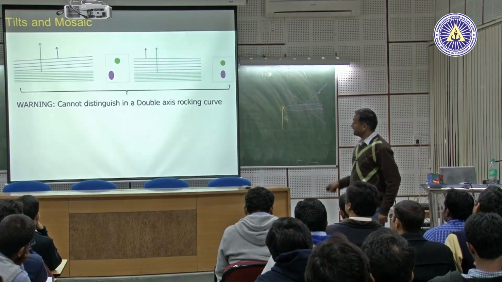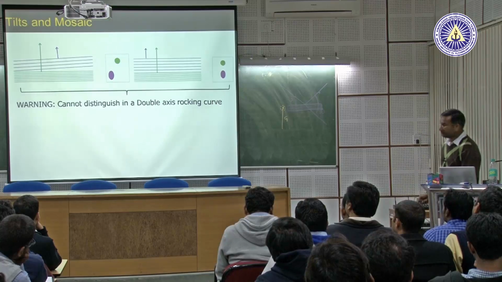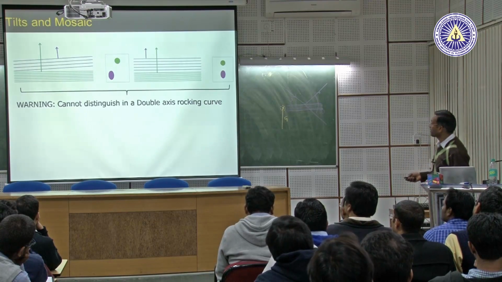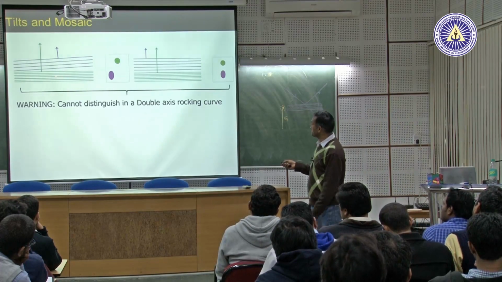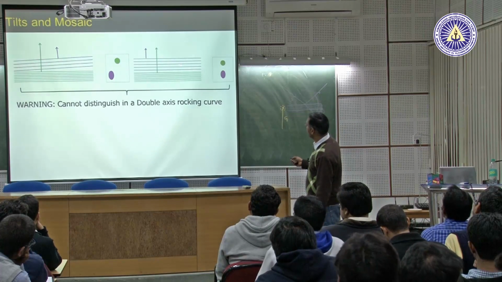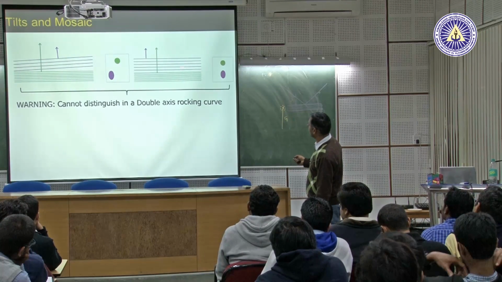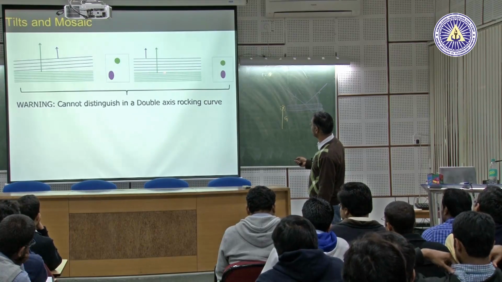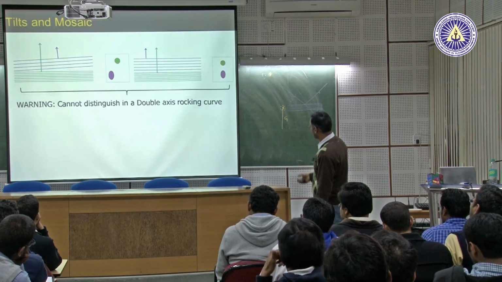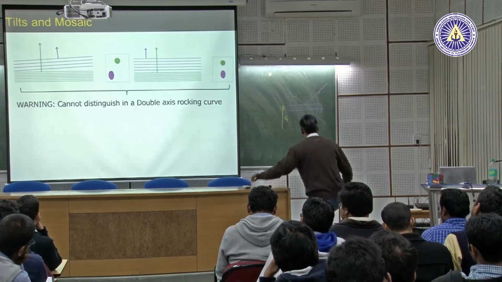So, let me explain again. What you are going to expect is, if you have tilt and mosaic in the sample, which means suppose your planes were parallel to each other, okay? If they were parallel to each other, then you will have a shift.